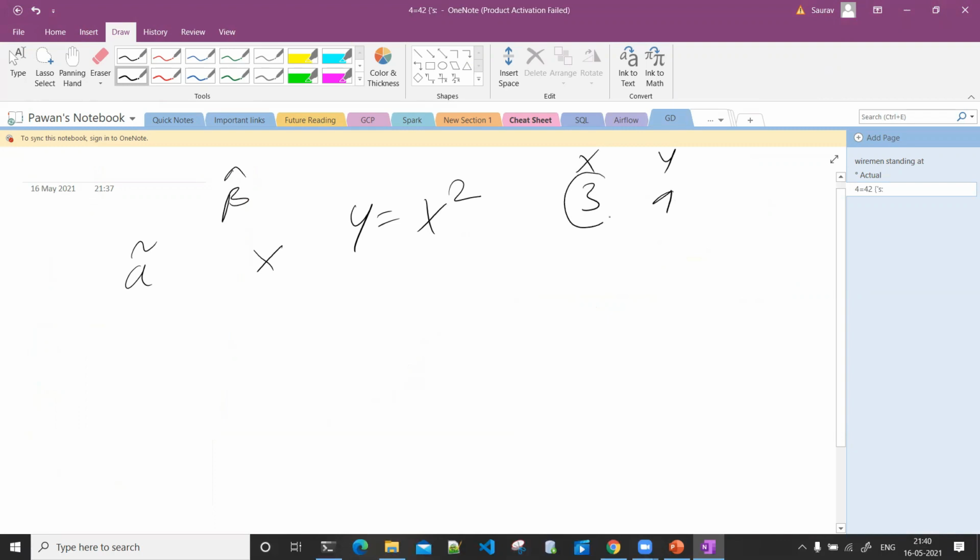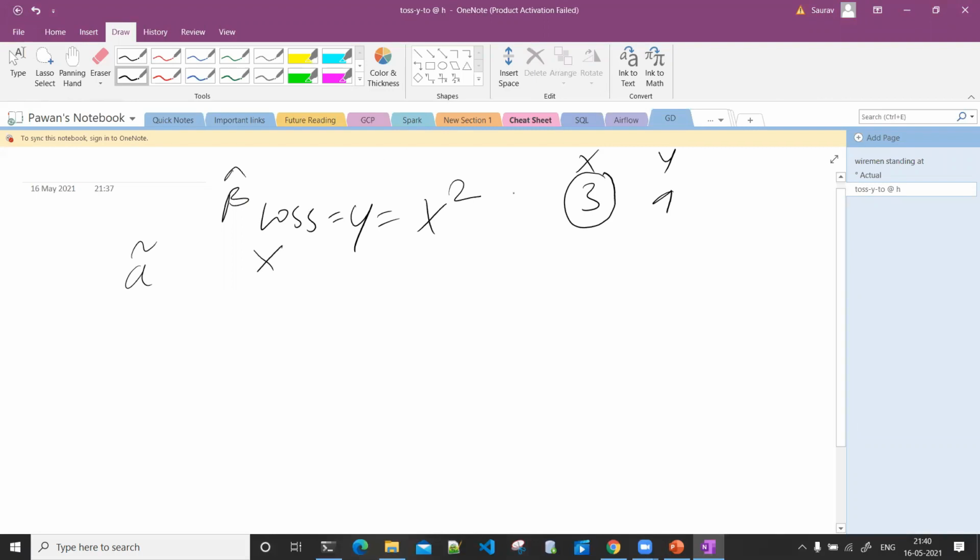Obviously, you can say that the minimum value of x is going to be 0, because at 0 the value of y is going to be the lowest. That is easy for us to understand because this is a very simple cost function.